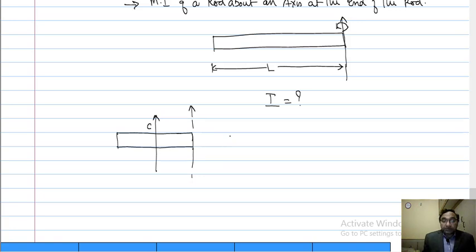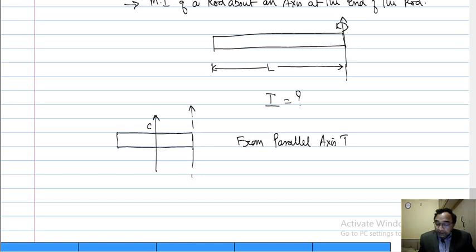Observe that the two axes are parallel to each other, hence we will use the parallel axis theorem. Always try to find the orientation of the known axis with respect to the given axis. If it is parallel, use the parallel axis theorem. If it is perpendicular, use the perpendicular axis theorem. So, in this case we have the parallel axis theorem.